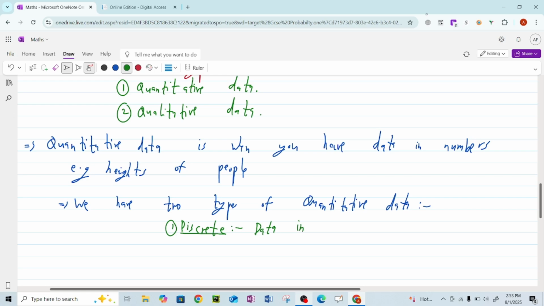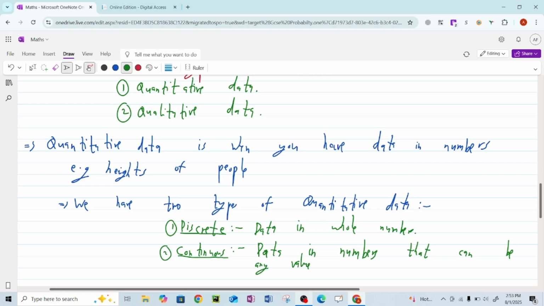Basically, that's the main thing. And secondly, we have, you could say, continuous: data in numbers that can be any value in a given range.